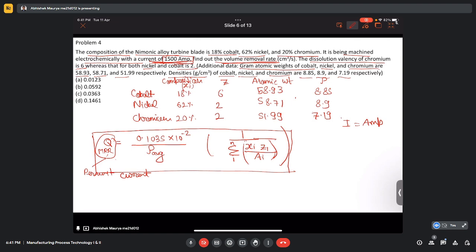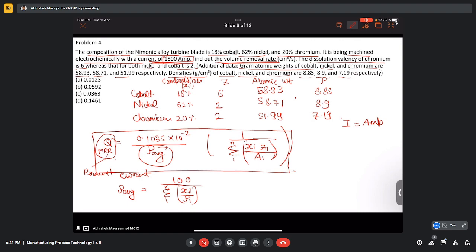So first of all, we need to find out the average density. What is the average density? It is given by 100 divided by the summation from i to n of xi upon rho i.